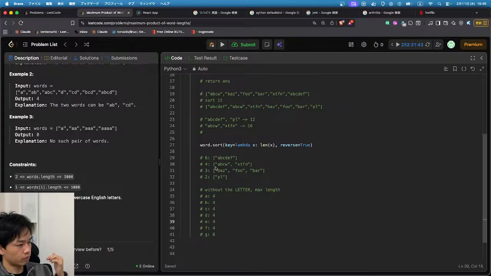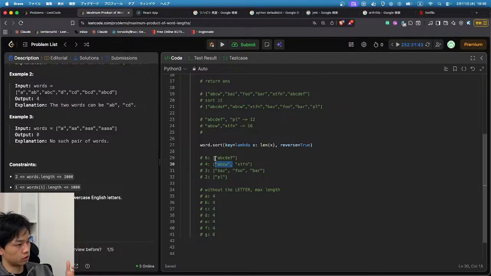But actually we cannot get length 4 because A, B, C, these parts come from this one, so we can use these words for this part. But this part we can get 4, but this comes from this one.